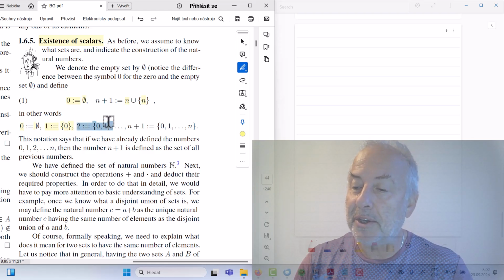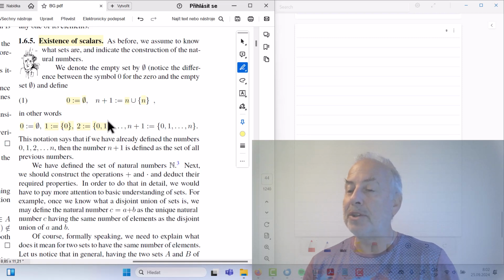2 is the set of the two previous ones, right?